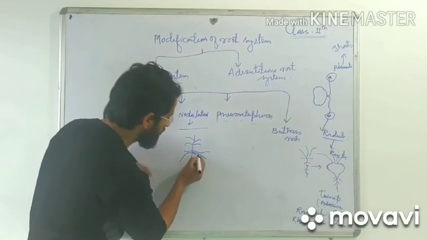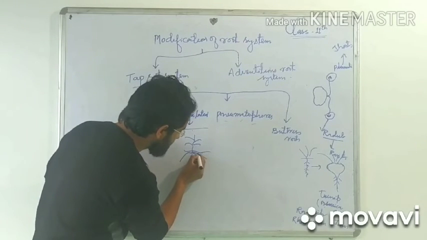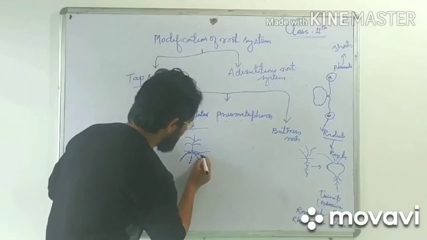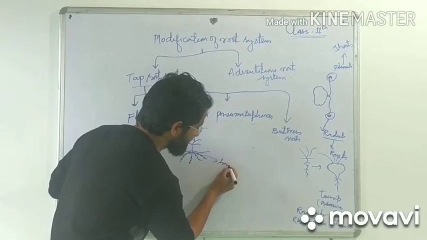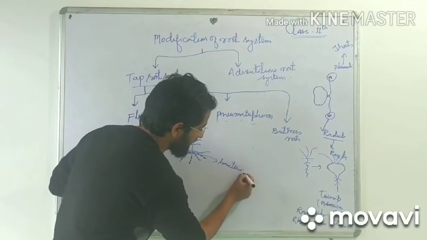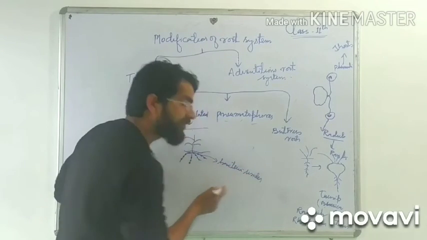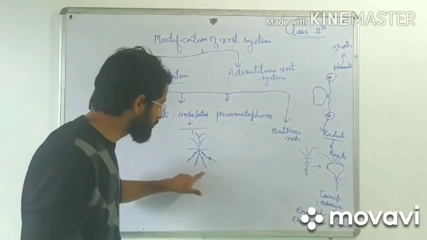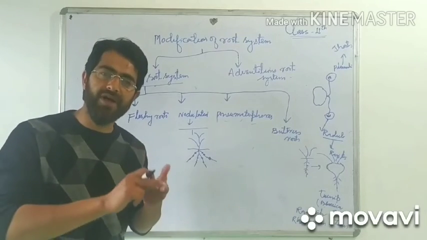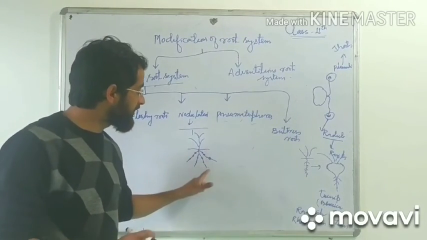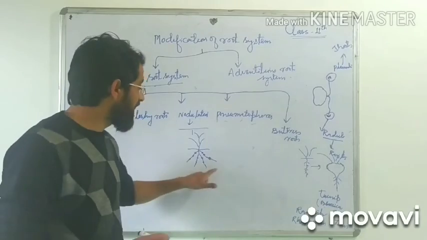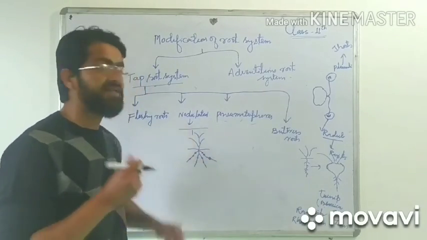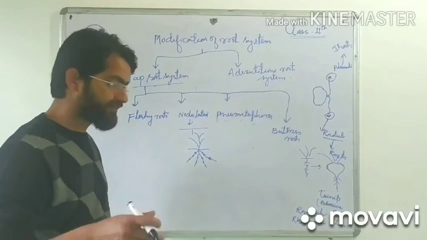These roots show bulgings which are commonly known as nodules. In these nodules, bacteria reside and perform the function of nitrogen fixation. Those roots which get modified and perform nitrogen fixation in association with bacteria, and in outer appearance look like nodules, we call nodulated roots.